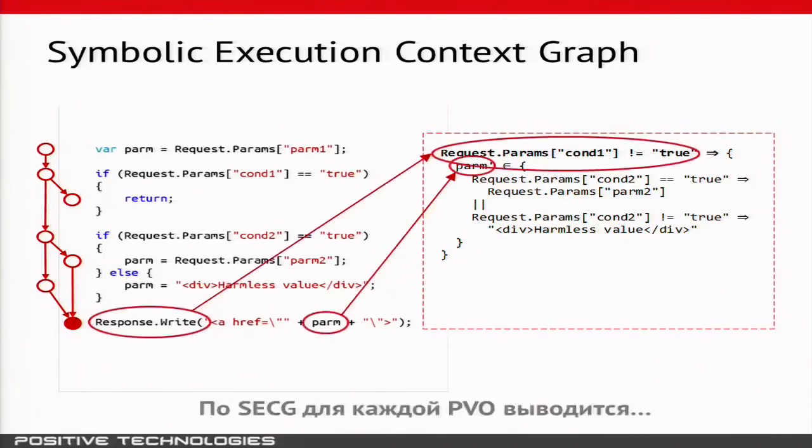This is the context graph. So it's clear that for real applications, it's unreal to keep all this graph. As soon as we have cycles and arrays, there'll be no slides sufficient to show it.